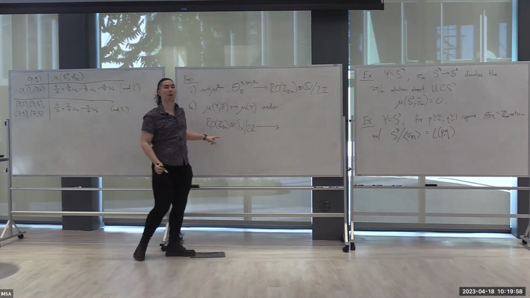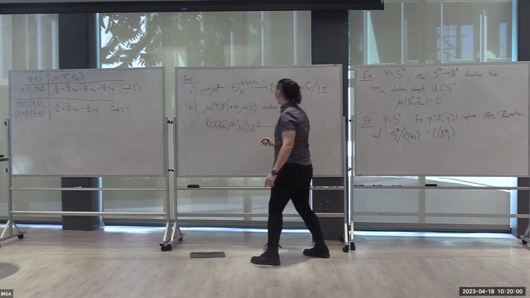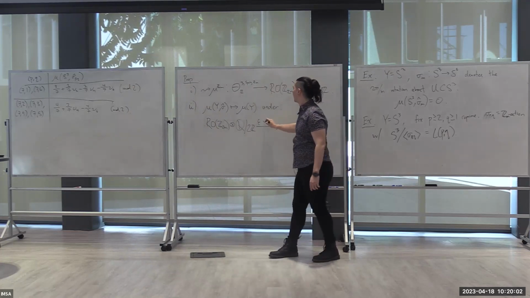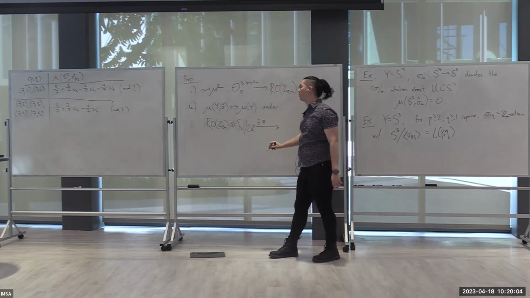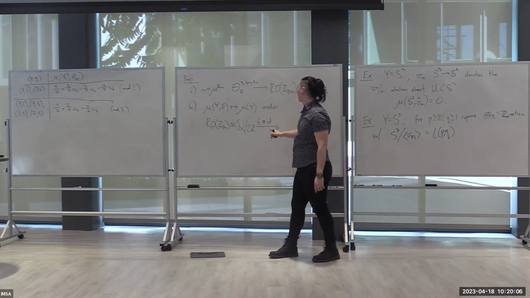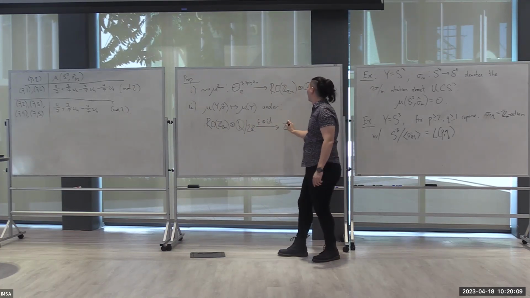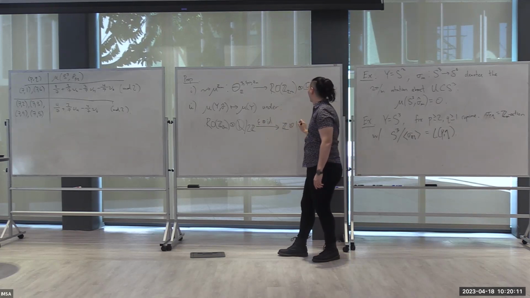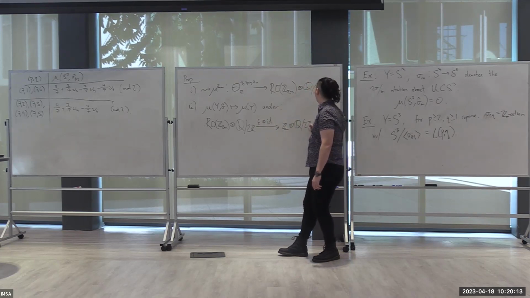We take the augmentation homomorphism on this first factor, which just sends the virtual representation to its rank, and this goes to Z tensor Z mod 2.